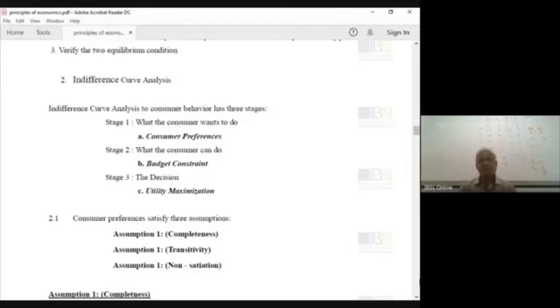Right. Now, there are three stages. Now we'll discuss the first stage, the consumer's preference, taste. What are the characteristics, properties, assumptions of the consumer's preference? Specifically, we can define preference, taste, utility.